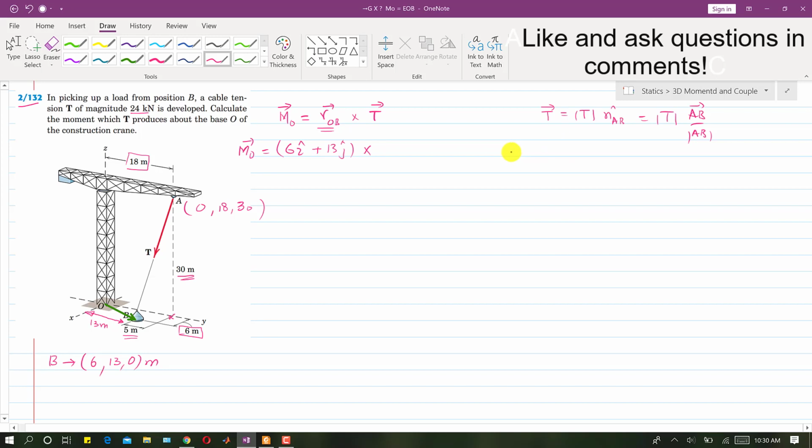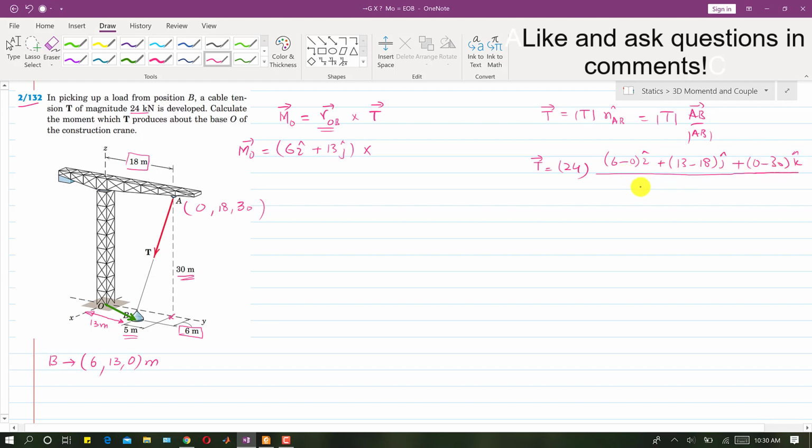Now the T vector will be equal to the magnitude 24 kilonewton times the AB vector. What will be that AB vector? We will subtract the coordinates of A from B. So this will become 6 minus 0 i plus 13 minus 18 j plus 0 minus 30 k, and we will divide it by the magnitude.